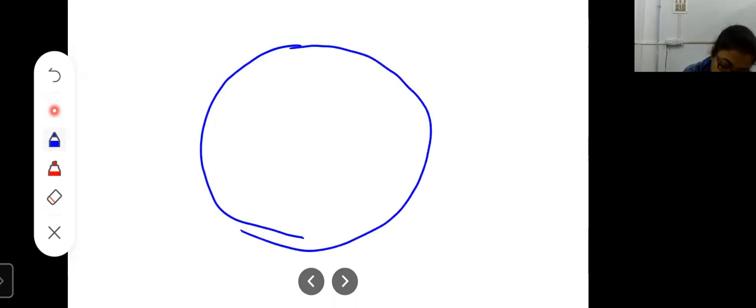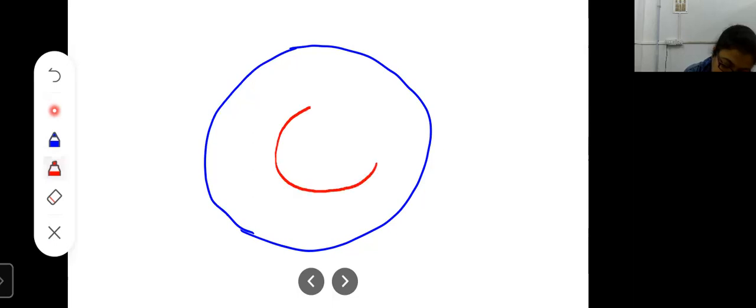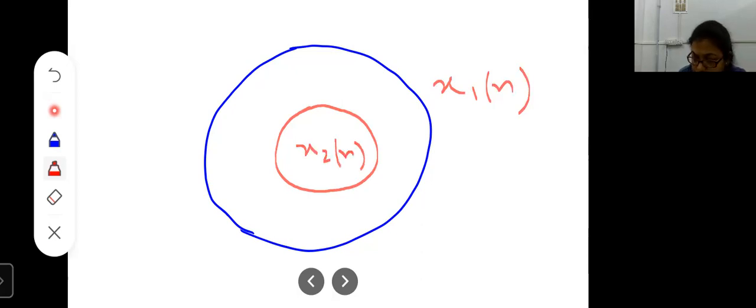So first I am drawing one circle here, one bigger one. Okay, and then draw another circle. So the outer side, say this is x1(n) and the inner side is your x2(n).